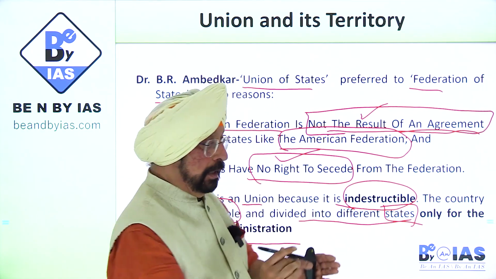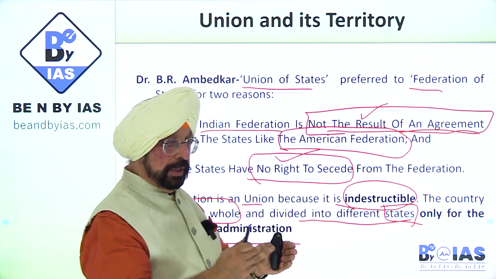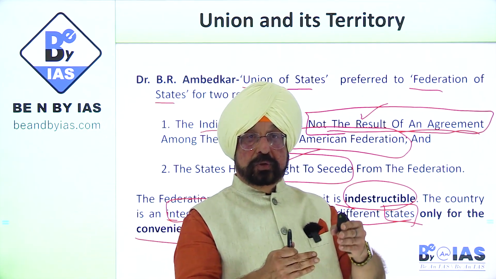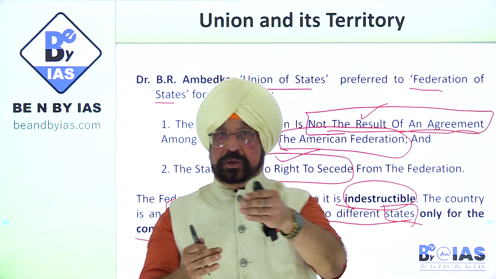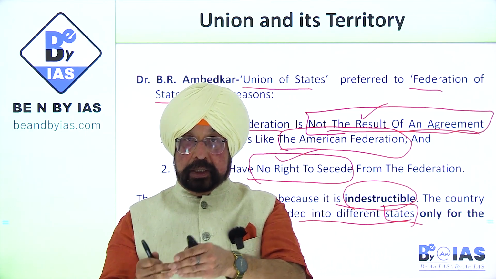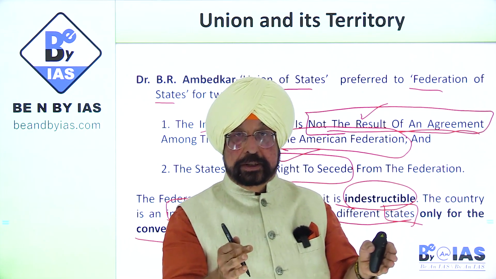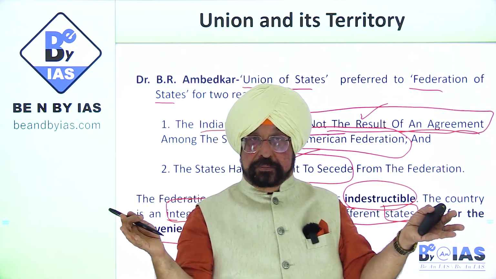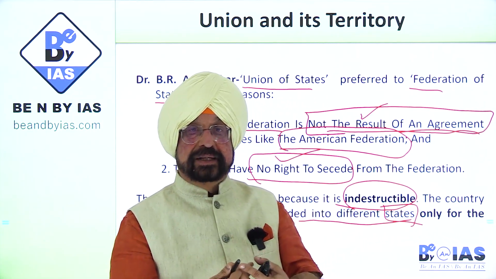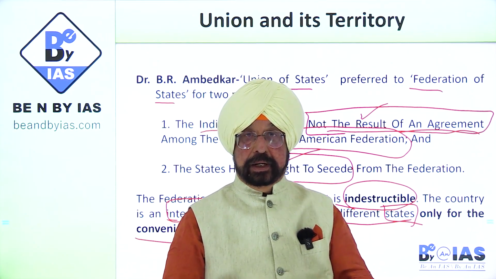They will come forward and say, we want to join the United States of America. In that case, they will sign an agreement with the federal government. Or if it is between two or more states, they have to sign an agreement.